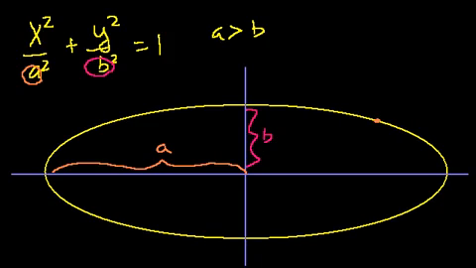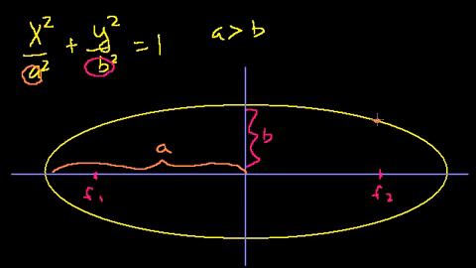And these 2 points, they always sit along the major axis, so in this case it's the horizontal axis, and they're symmetric around the center of the ellipse. So let me call this one F1, and this is F2, for focuses.